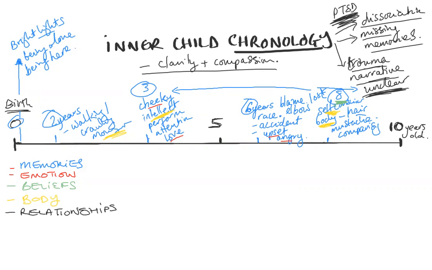If you do this chronology for yourself and you find that the person who features most in your memories is maybe just one sibling, or maybe just your dad, but you don't actually have any memories coming up with regards to your inner child and maybe your mother, this is really going to be useful information, particularly if your childhood feels like a bit of a blur and you're doing inner child work and you're really struggling to get anything tangible.